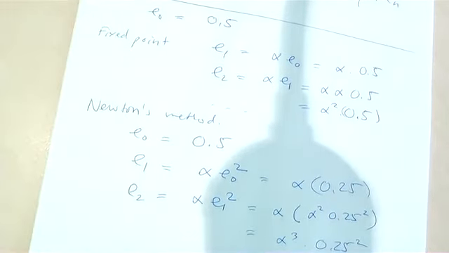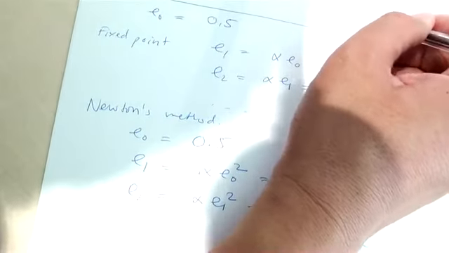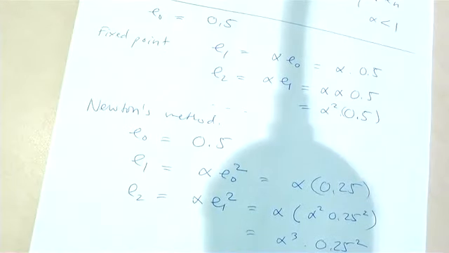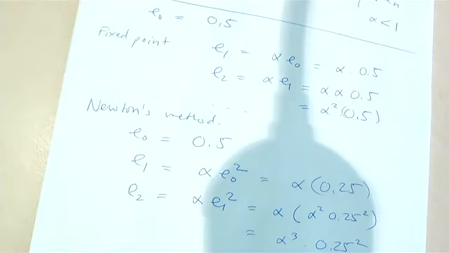So which one goes down to 0 faster? Newton method, right? You can see that because everything is smaller than 1. Here we have to assume that alpha is smaller than 1, otherwise it blows up. But because it's smaller than 1, Newton method will go down to 0 faster, because of the power.